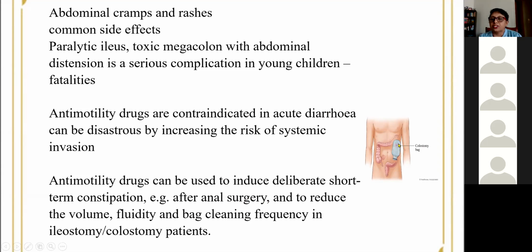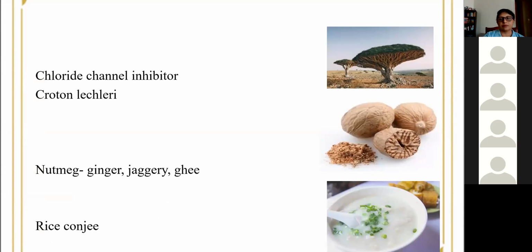The bag will be attached to the colostomy, and the feces will come only through this. In such cases, to reduce the volume and fluidity, we can give anti-motility drugs like loperamide, Lomotil, etc. Otherwise, for acute diarrhea, you should not go for that. Number one treatment will be our ORS.